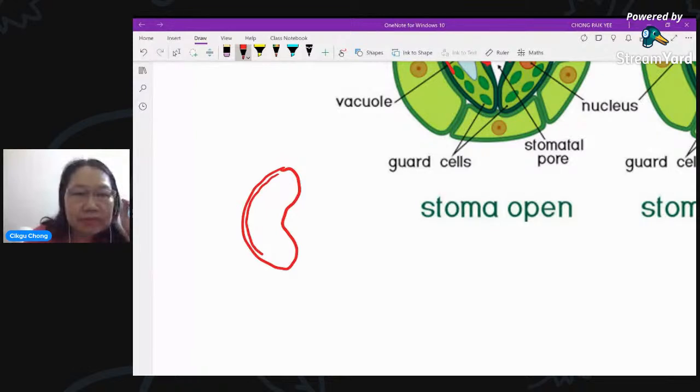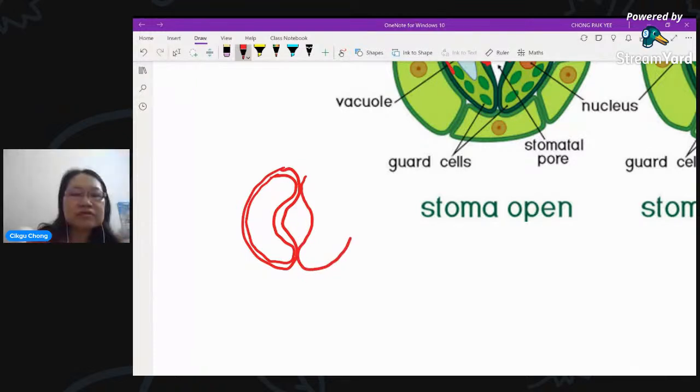Like that. That's how you draw a guard cell. Sorry, my pen is shaky. So here you draw it thicker, then over here you draw it thinner. So the difference is in the thickness of the cell wall on the inner and the outer.